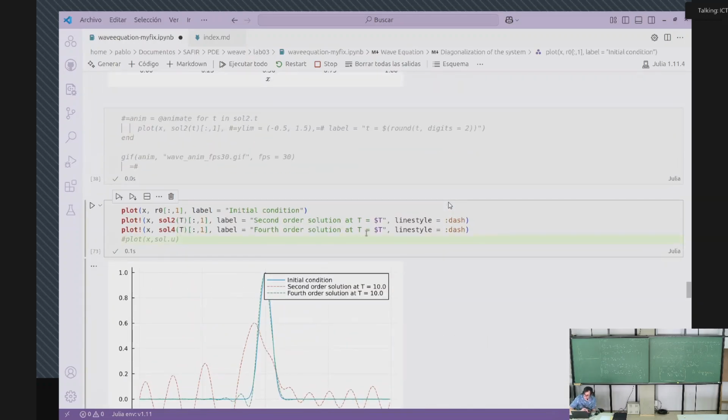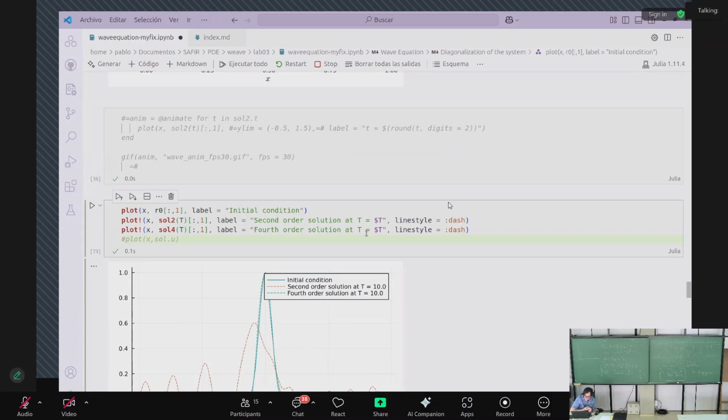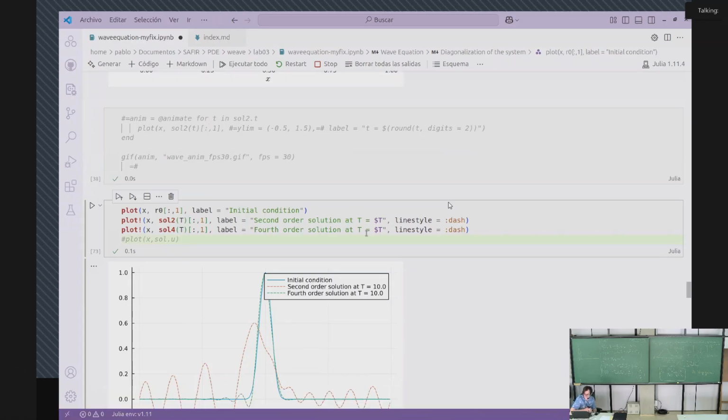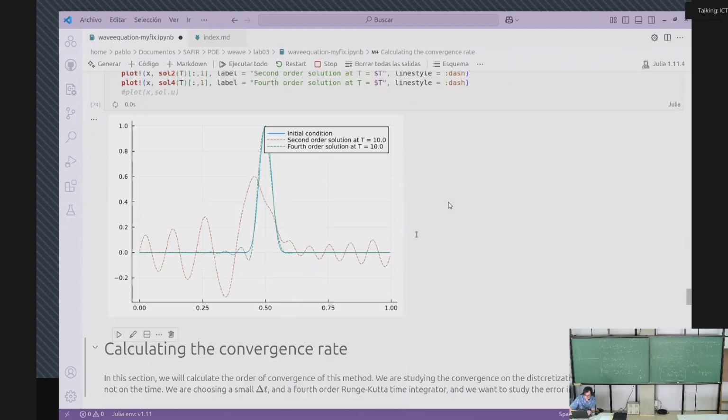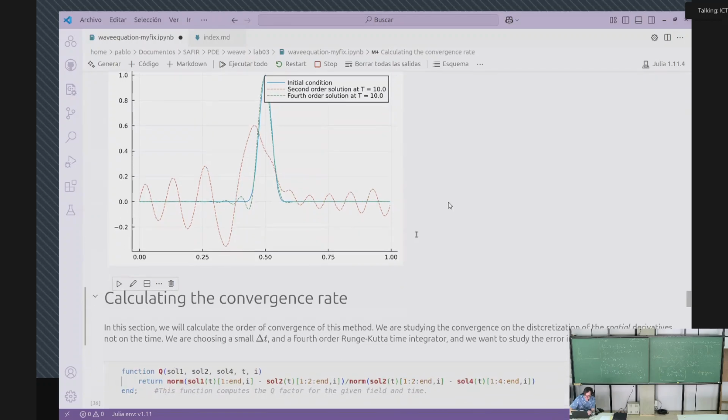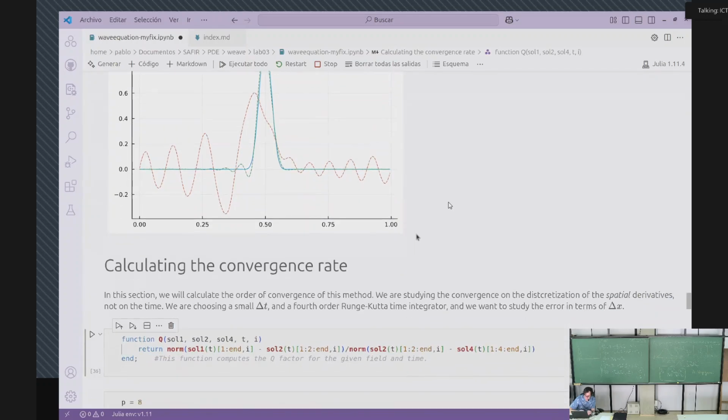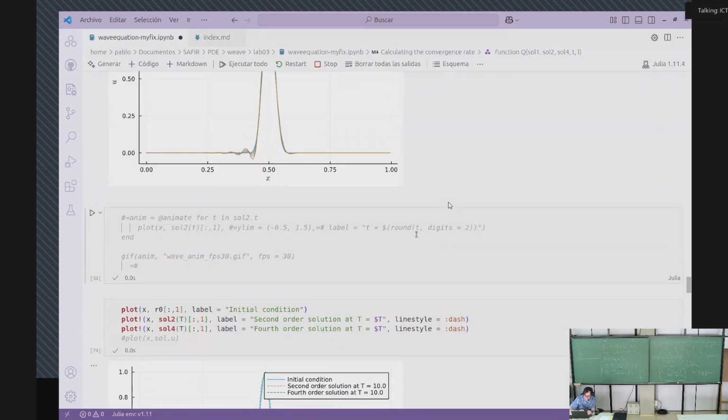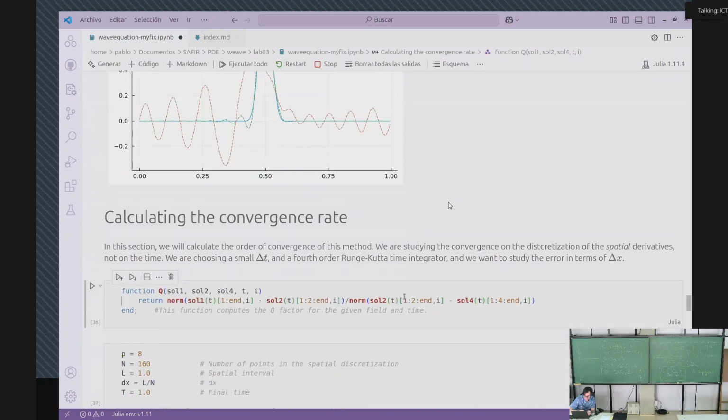So, could you follow what's going on here in the problem then, in this case? Okay, perfect. So now we can talk about the convergence rate of these problems, right?